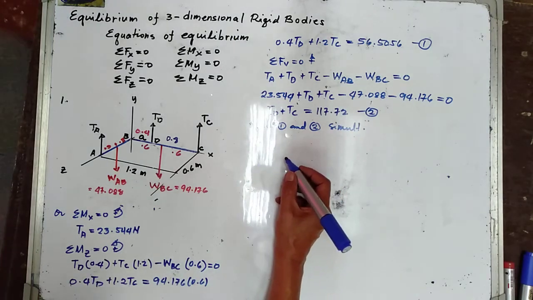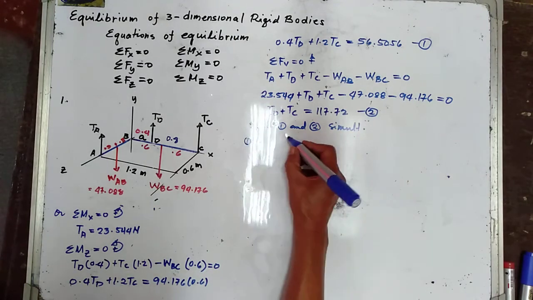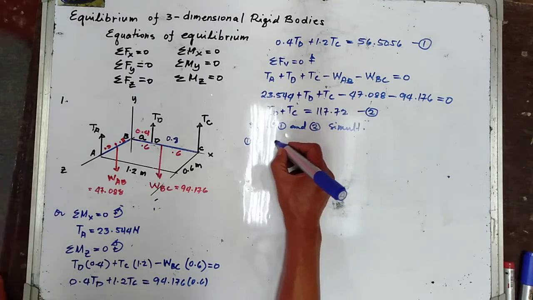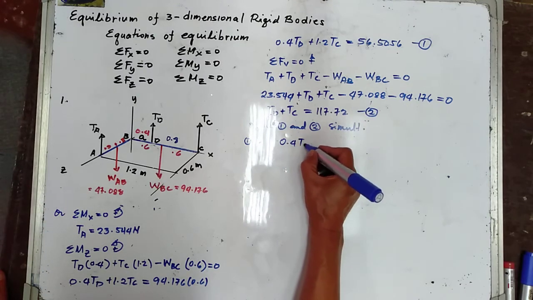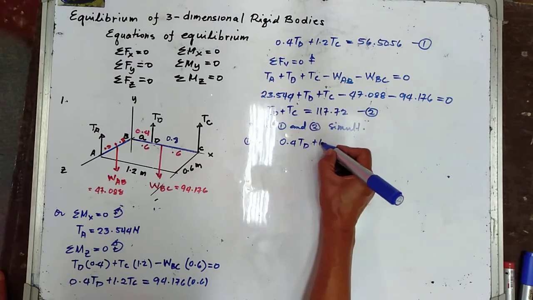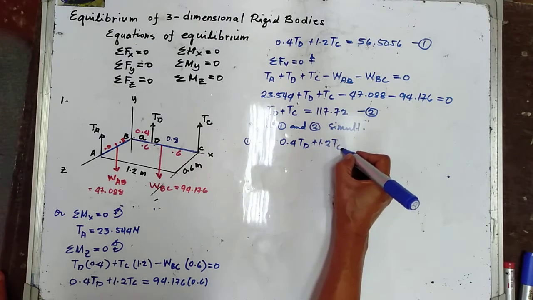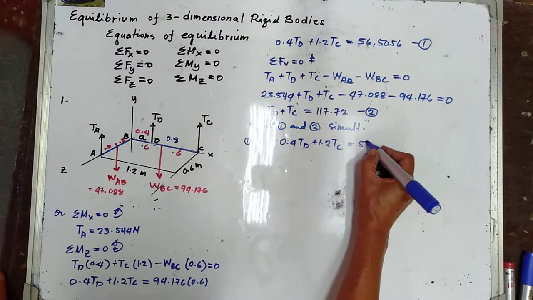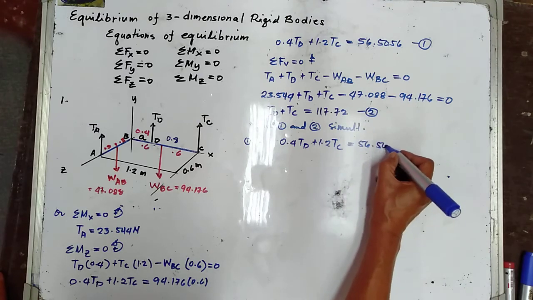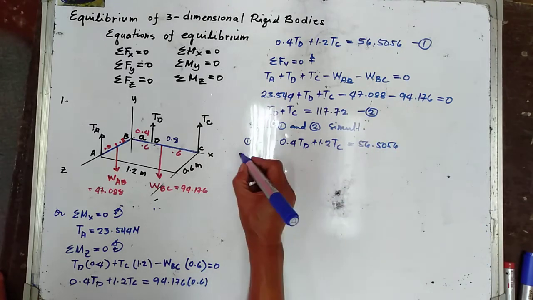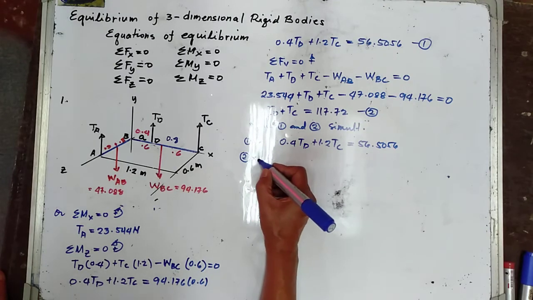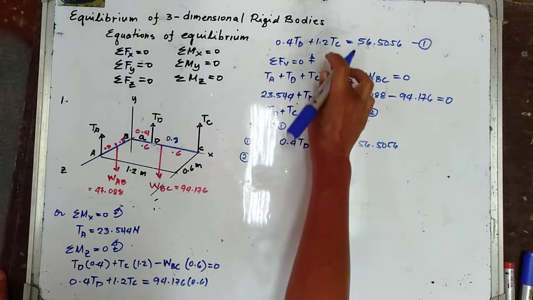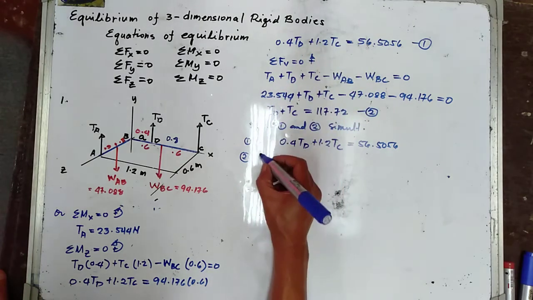So your equation 1 is 0.4 T sub D plus 1.2 T sub C is equal to 56.5056. So we have equation 2. Let's try to multiply this one by 1.2.